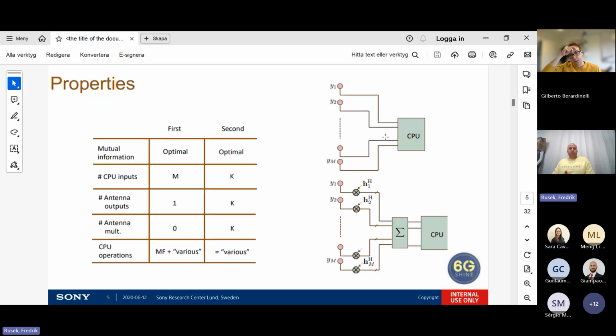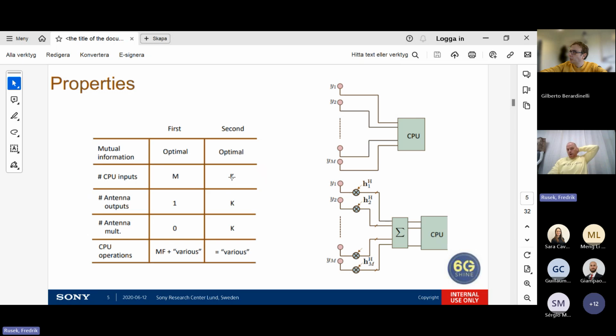If we now compare the two receivers, we can see first of all that the mutual information is optimum, so both of them allow for optimum detection. If we count how many inputs we have at the CPU, for the conceptually simpler receiver you have M inputs to the CPU. For the other one you have K, K being the number of UEs, or UE antennas, or spatial data streams.